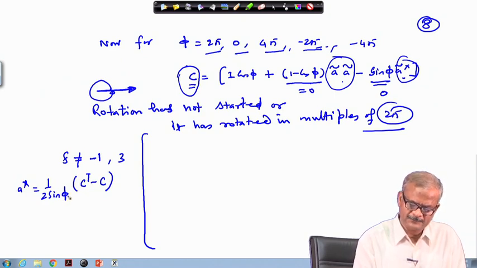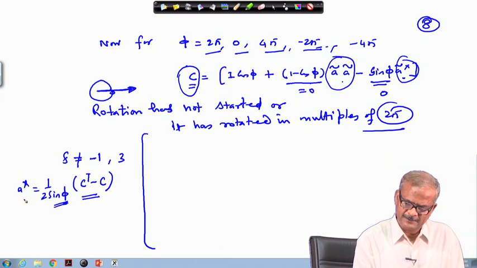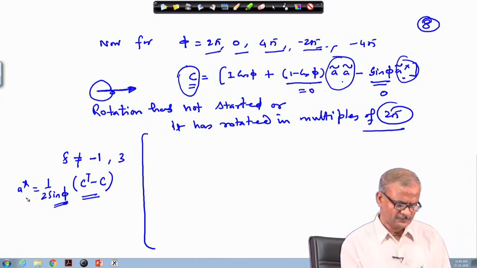In the case where sin phi is non-zero, this quantity is known, and the right hand side is known, and therefore, A cross can be defined uniquely.